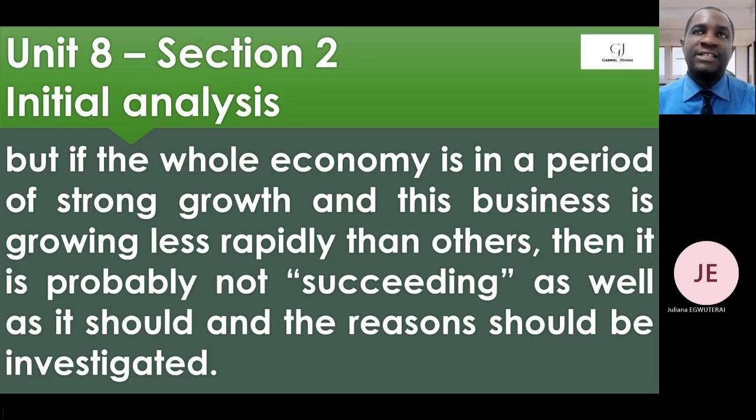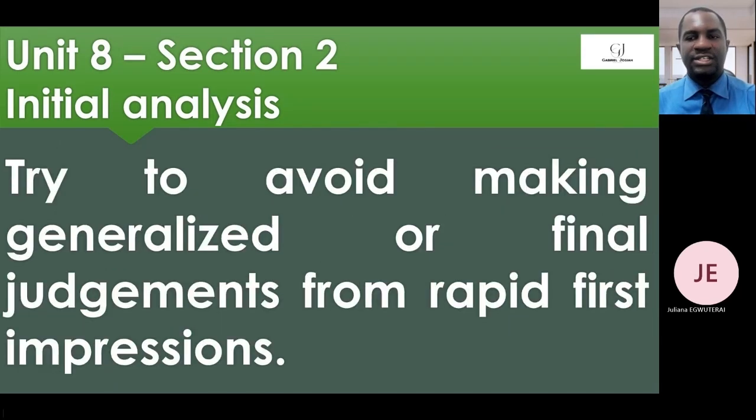Where its peers are performing at a higher ratio than it in some particular categories of ratio, and it's performing lower than them, then it's not succeeding even though it's doing well. So in comparison to other peers in the industry, we need to ensure that the company you're analyzing is doing well in relation to the economy and in comparison with its peers.